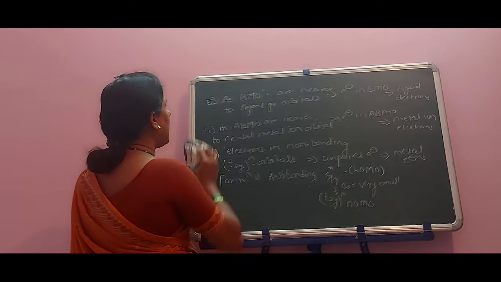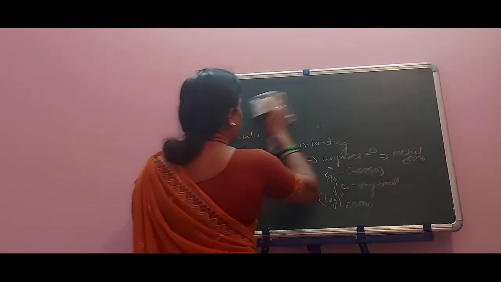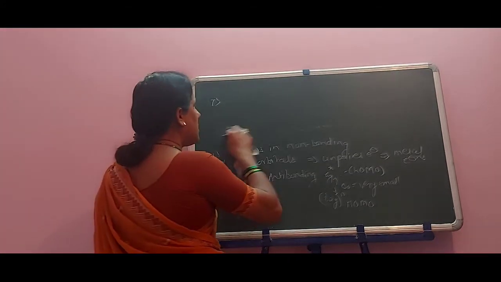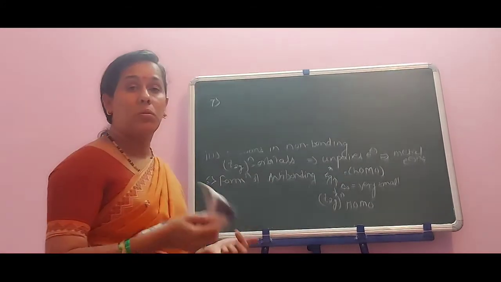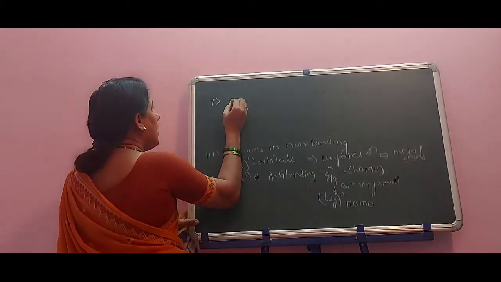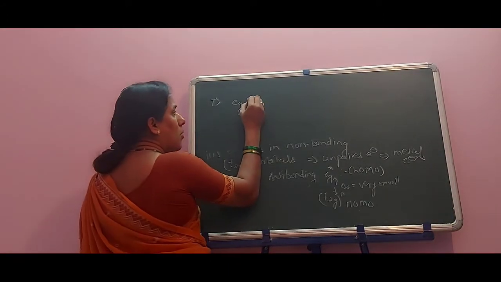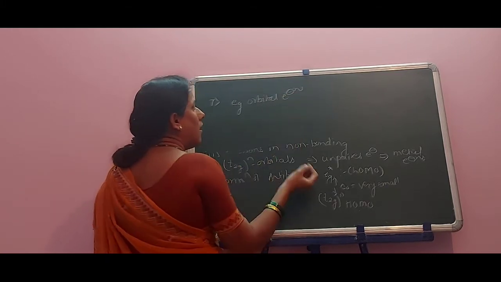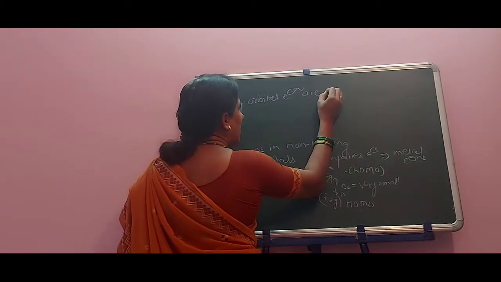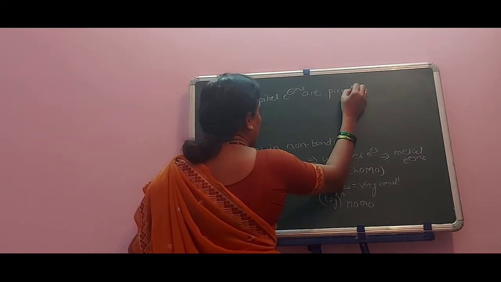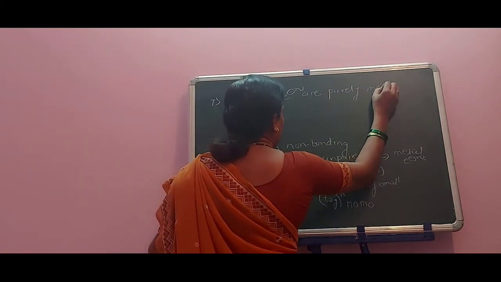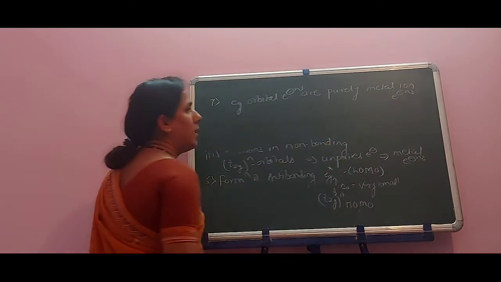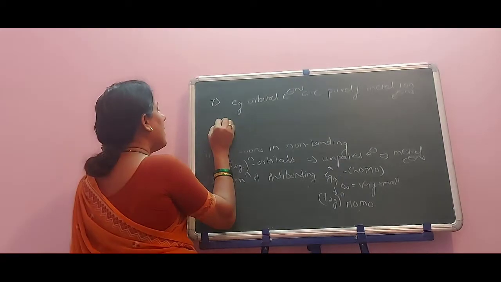The last point, the seventh point, about the molecular energy level diagram: according to molecular orbital theory, the eg orbital electrons are purely metal ion electrons.